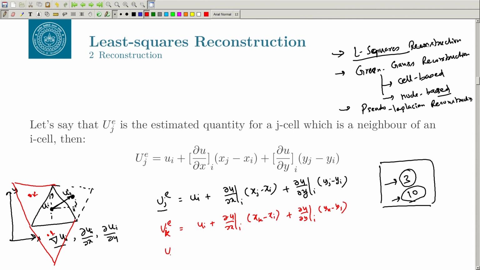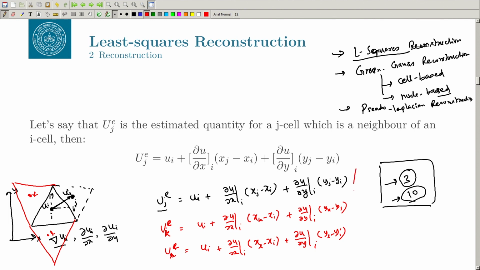Similarly, you can write u_L estimated, E is for estimated value, that is u_i plus del u by del x at i times (x_L minus x_i) plus del u by del y at i times (y_L minus y_i).